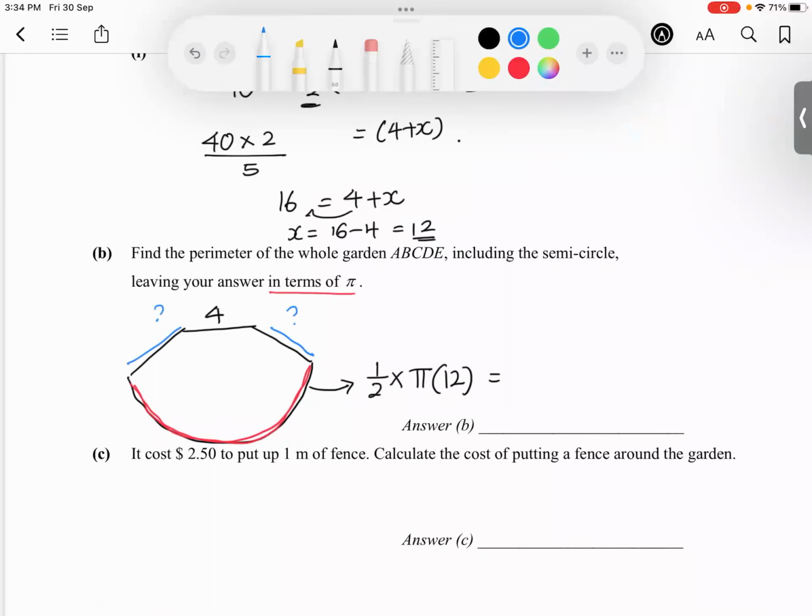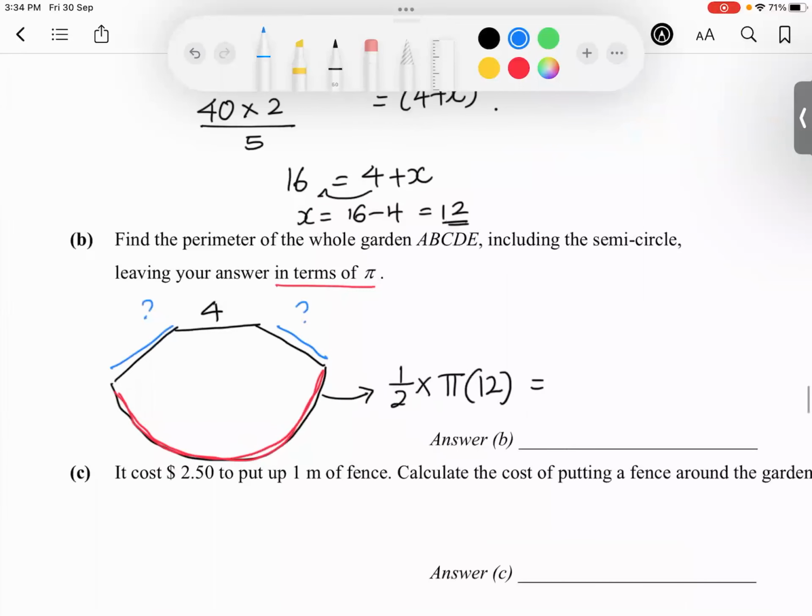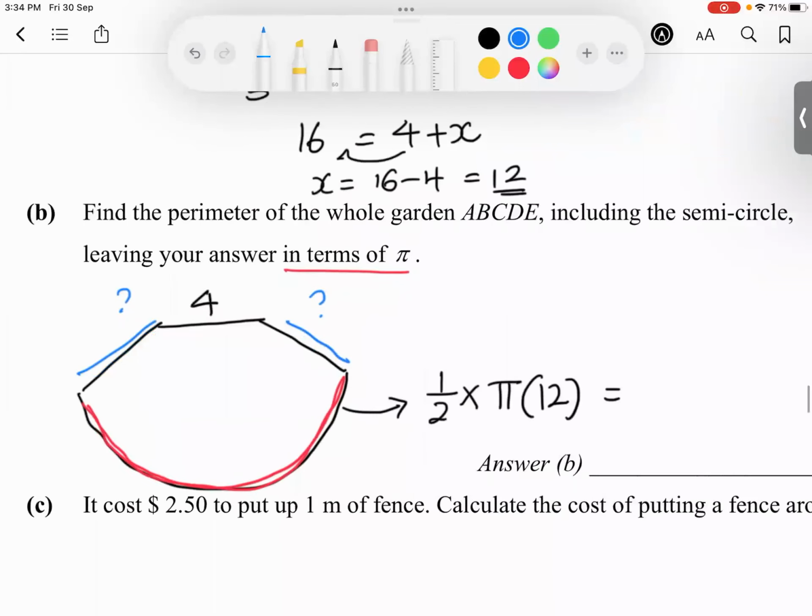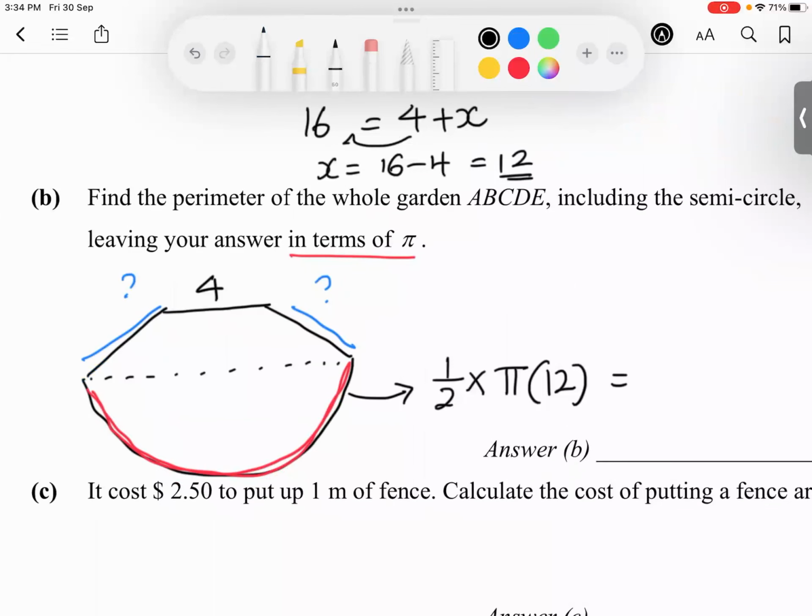But what else did they give me? They gave me that the whole figure over here, this whole thing is 12. But I know I can cut it into a right angle triangle like that. This is 5. Correct? If this portion is 4, the whole thing is 12. How much is this portion? The whole thing is 12. This portion is 4.